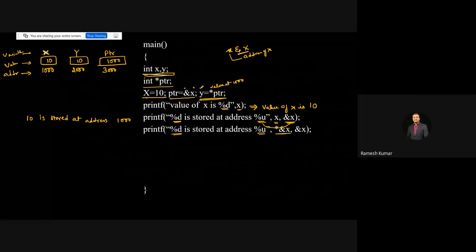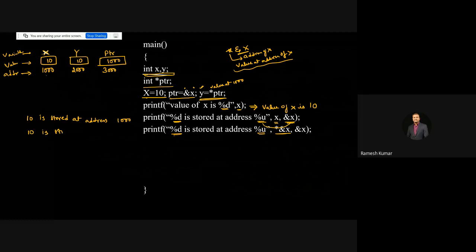Now, if I add star before this, what is it called? Value at address of x. Are you getting my points? So ampersand x is address of x. If I put star before this, value at address of x. So what is the value at address of x? Address of x is 1000. What is the value at 1000? 10. So again it is showing the same message.